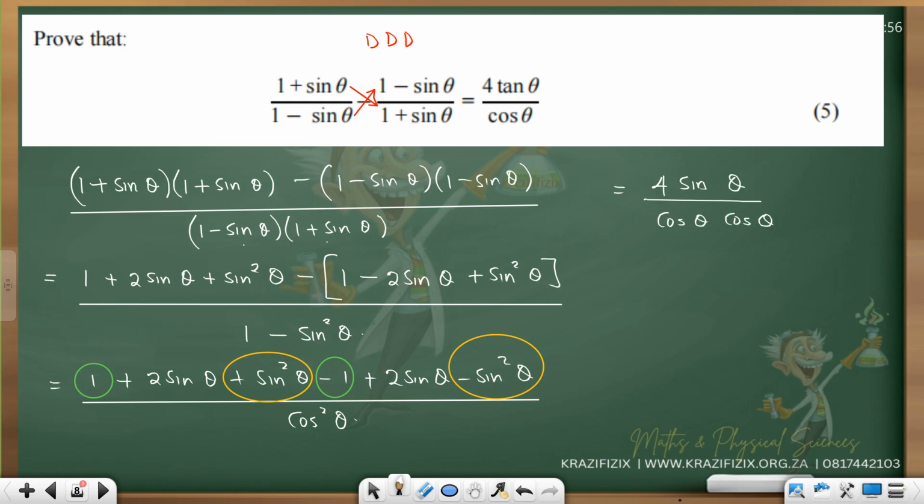Cos theta, cos theta. And what is sine theta over cos theta? Do you notice that's tan? Done. Maths is no magic at all.